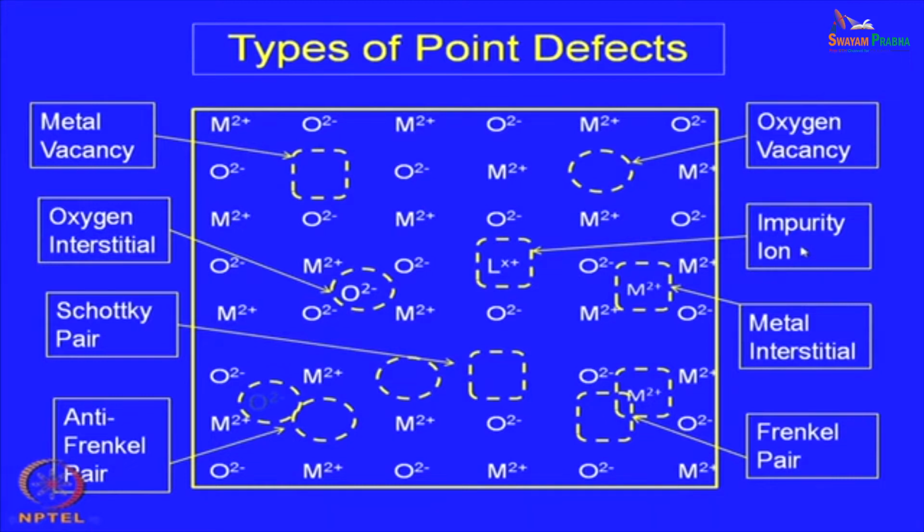We can have an impurity ion. Some very minute quantity of impurity may be added, either intentionally or accidentally. Here, of course, the impurity can go both into the interstitial site as well as a substitutional site, because we know about solid solutions where both substitutional and interstitial solid solutions are possible, but in this particular case we have just considered a substitutional solid solution.